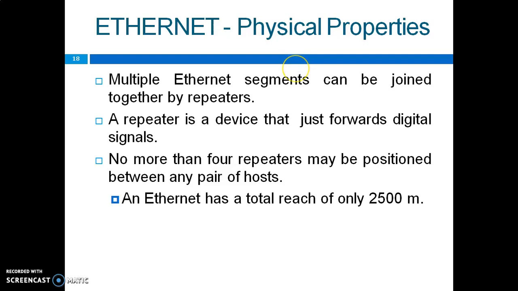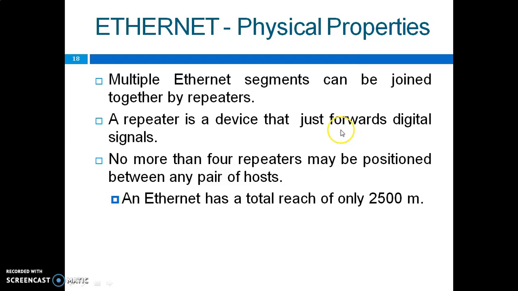Also, the cabling can be segmented, isn't it? It is not possible to connect all 60 systems or all 100 systems in a single cable. So there is segmentation. For connecting one cable to another cable, the repeater is used. Multiple Ethernet segments can be joined using repeaters.